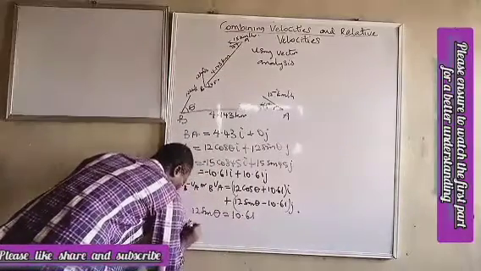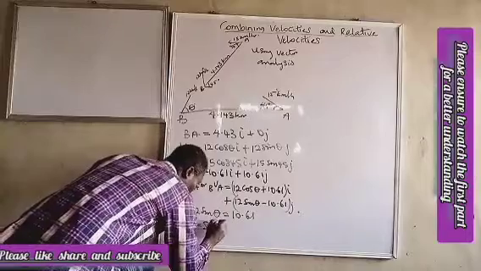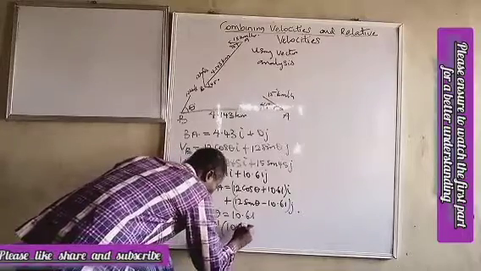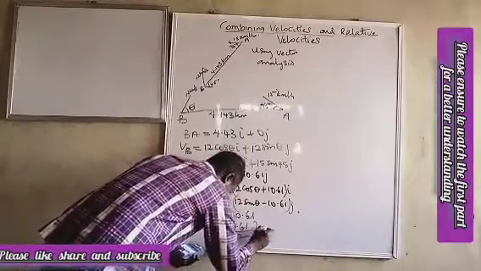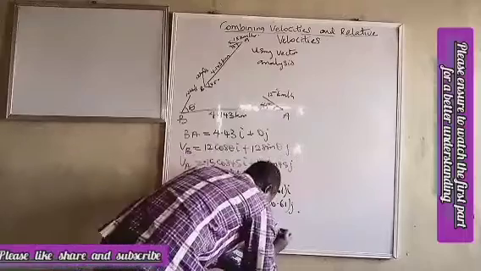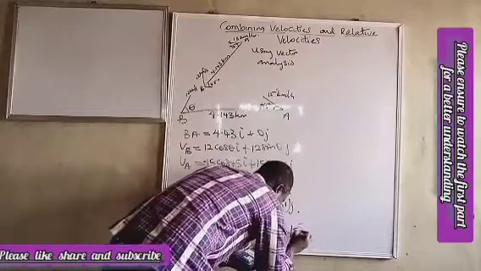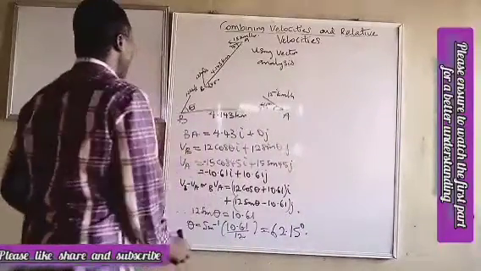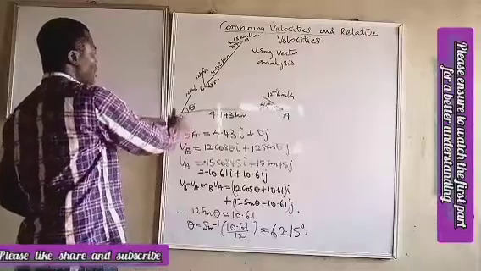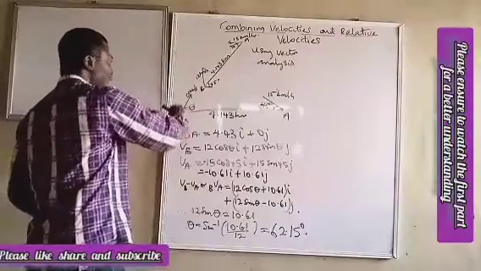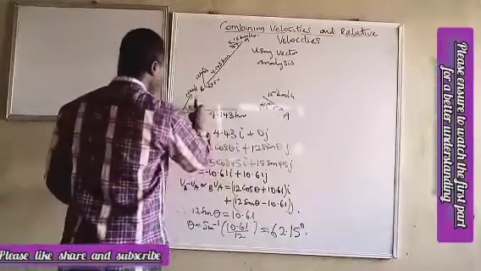So theta, 10.61 over 12. What does that give? 62.15 degrees. Which means that the direction of B should be 62.15 to BA.